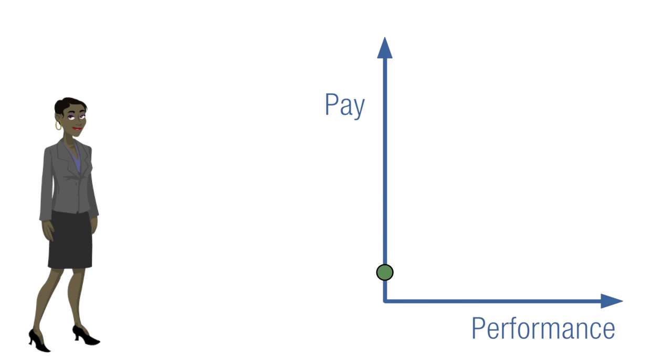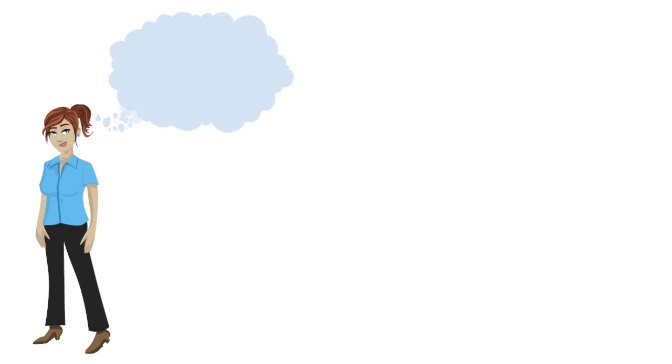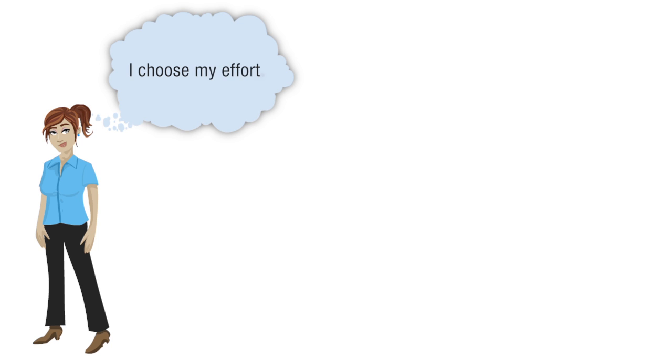Okay, so the principal, again, has these two tools. They can change the base salary and they can change the incentive intensity. Now, what is the agent choosing? The agent is choosing their effort. And economists break this down into two types of choices about effort, which, to keep it simple, I will refer to as working harder and working smarter.